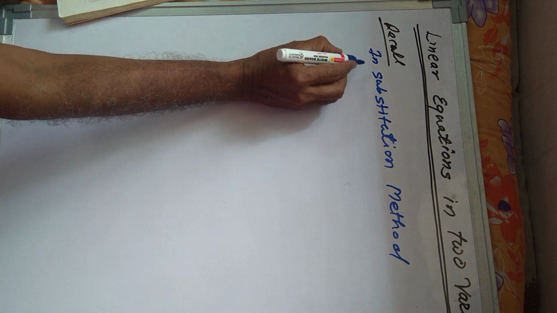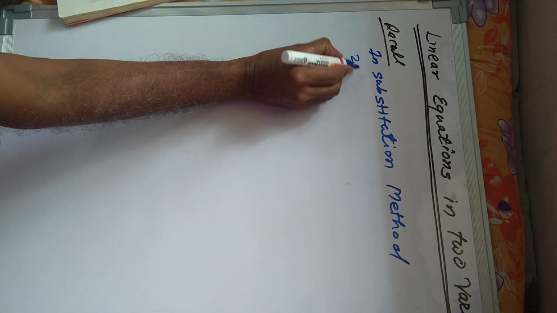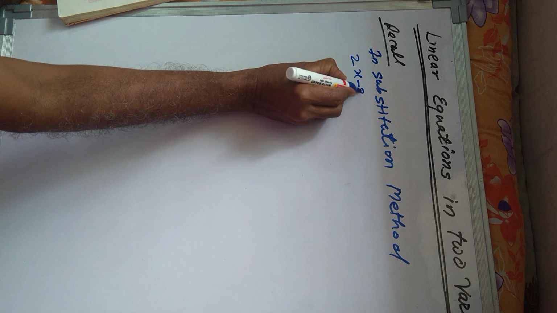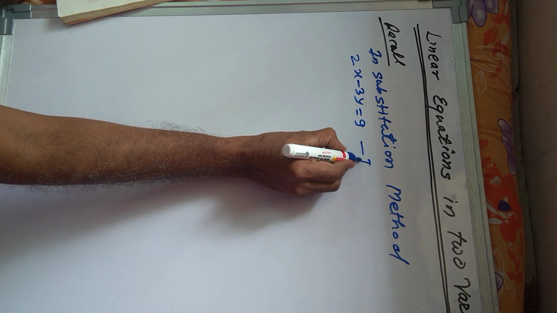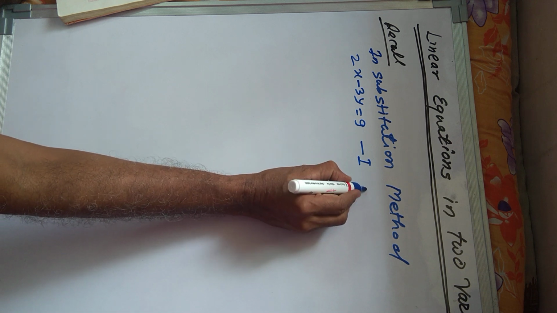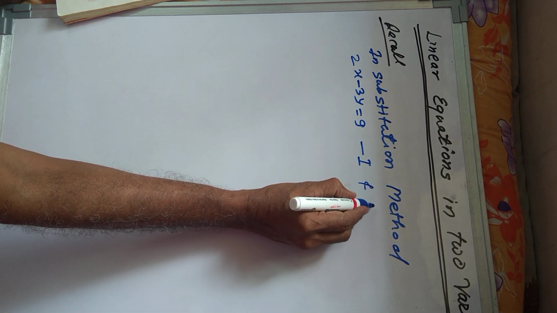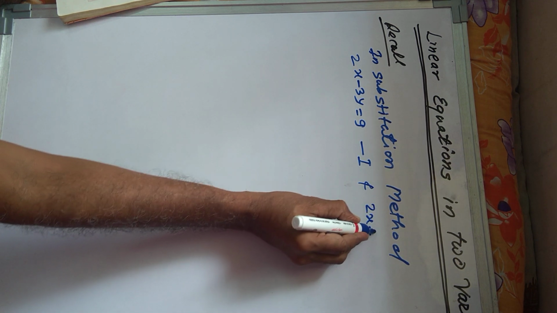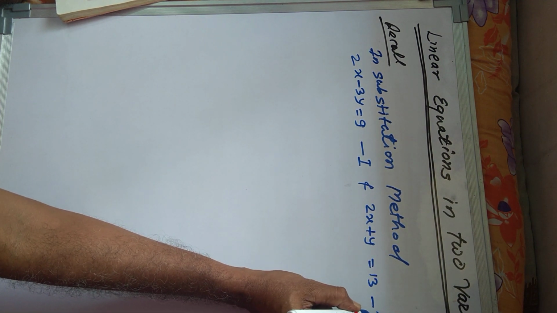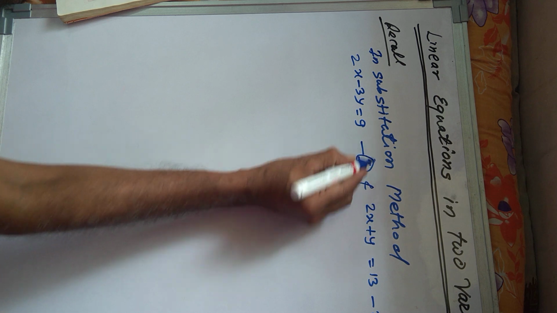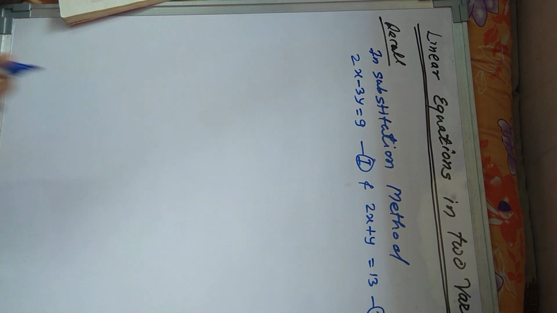We have to solve this example: 2x minus 3y is equal to 9. This is equation number 1. And the second equation, 2x plus y is equal to 13. This is equation number 2.